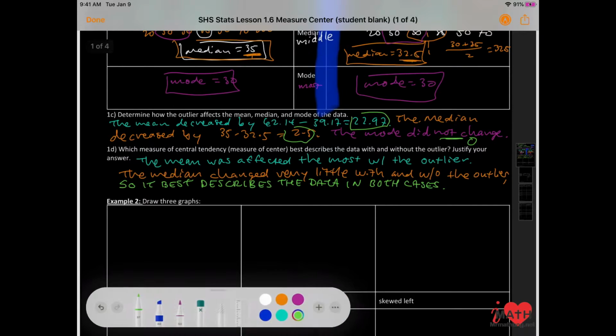Okay, so why would I not use the mode, even though it doesn't change?